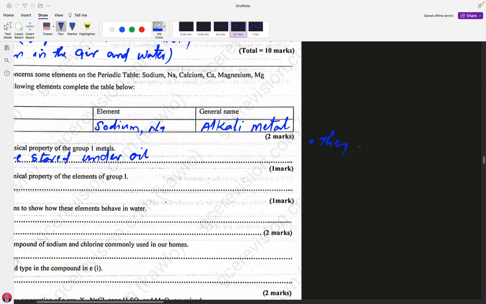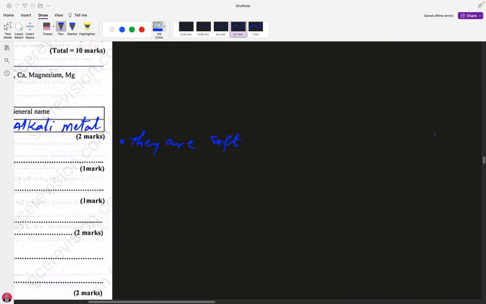They are soft and can be cut with a knife. You could also say they have very low melting point.